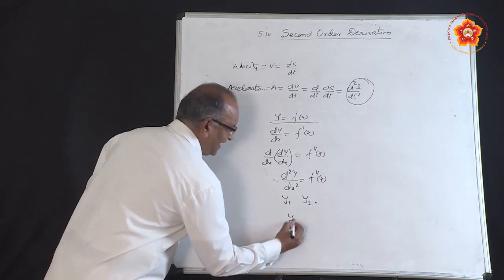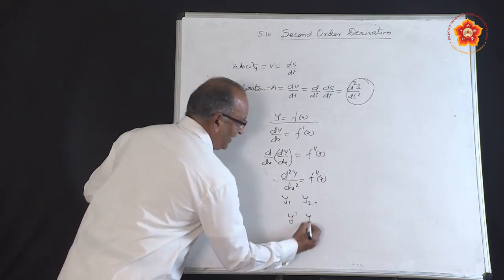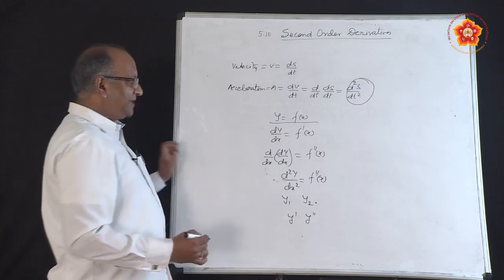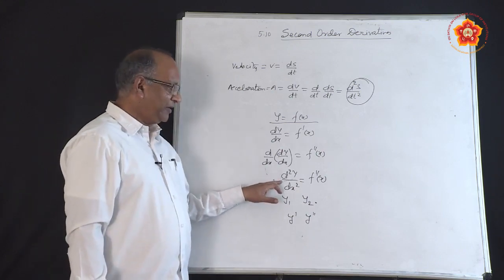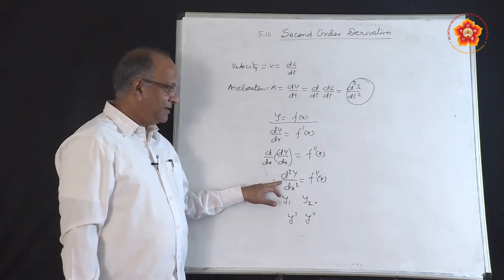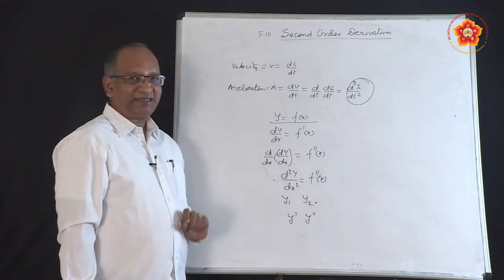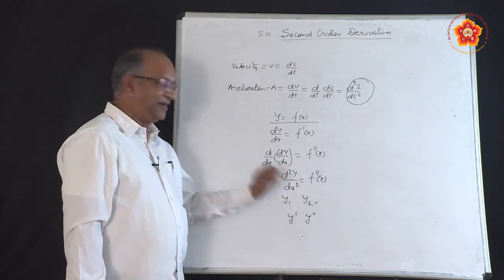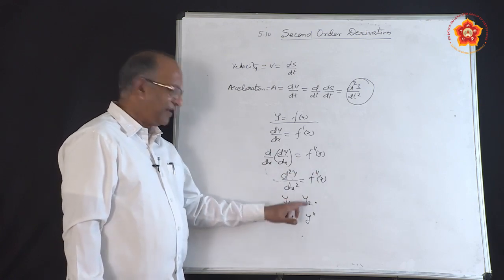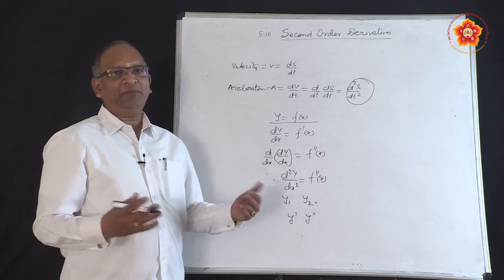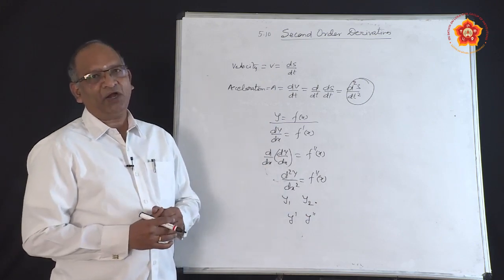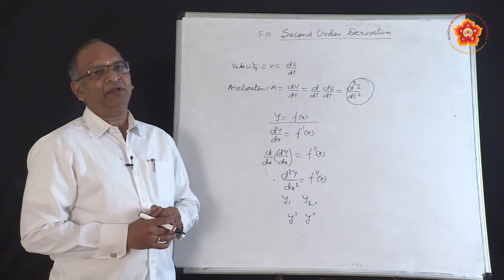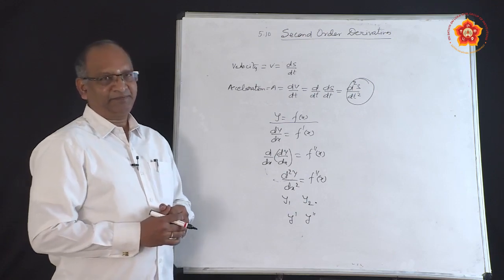Some call it y dash, some call it y double dash. So, the same second order derivative d2y by dx square can be written as f double dash x, as y2, as y double dash, in so many different ways.